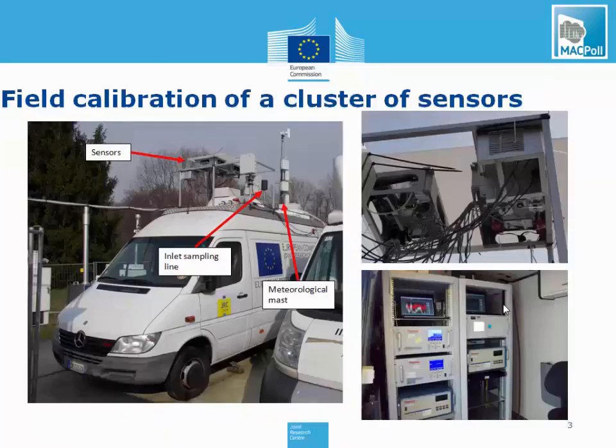This is our measurement facility. We used a mobile laboratory placed in a semi-rural site. We were able to measure 5 compounds: ozone, NOx, SO2, CO, and we placed more or less the same gaseous sensors at the top of the mobile laboratory to have measurements that can be compared easily.